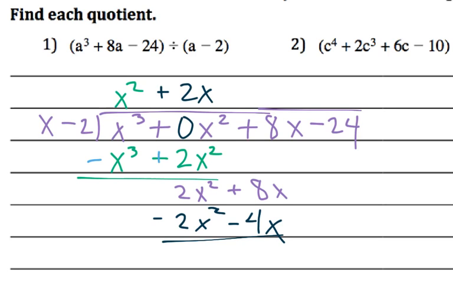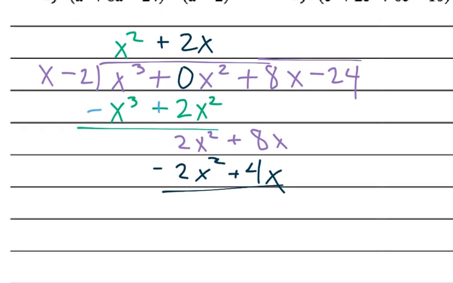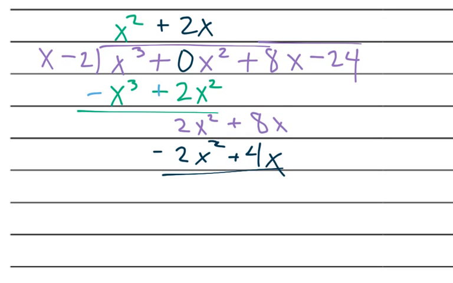Go through, change the signs on it. So 2x squared minus 2x goes away, and 8x plus 4x becomes 12x. Now I'll bring down that minus 24.